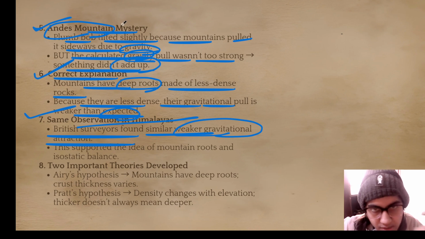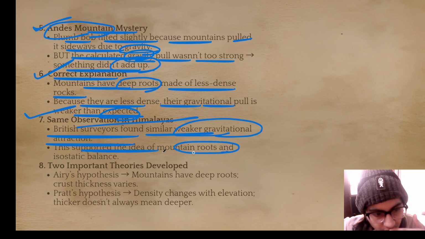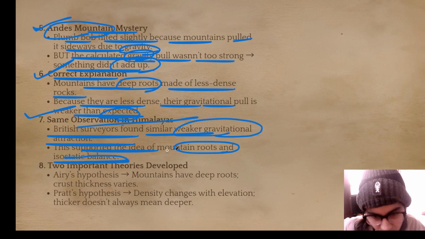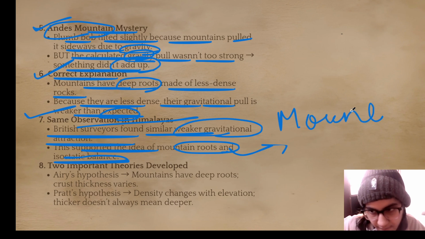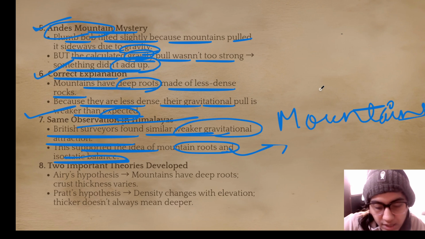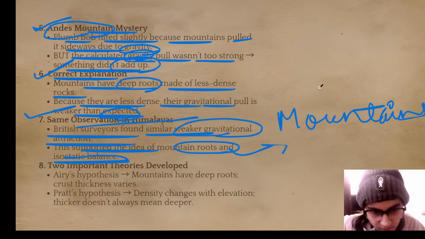The plumb bob experiment explained that the gravitational pull is weaker, and a similar thing happens in the Himalayas. This supported the idea of mountain roots and isostatic balance. Because of this, we came to know more about the mountains. Because mountains are very big above the surface, to balance that they should have very deep roots.